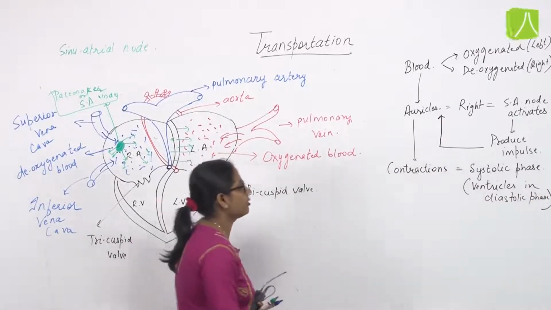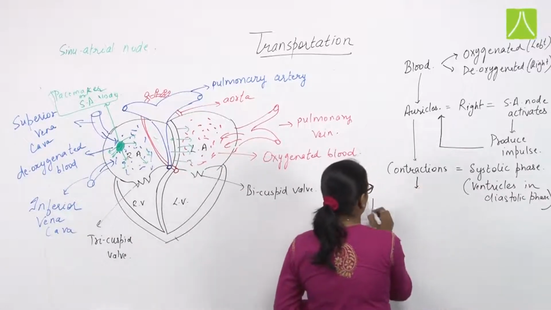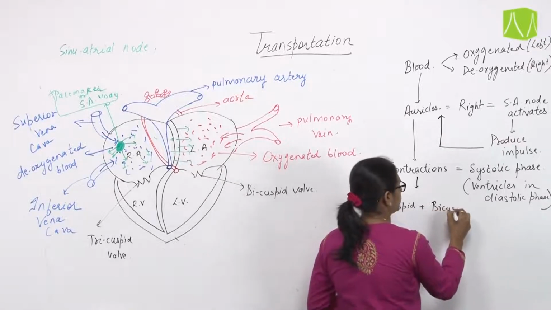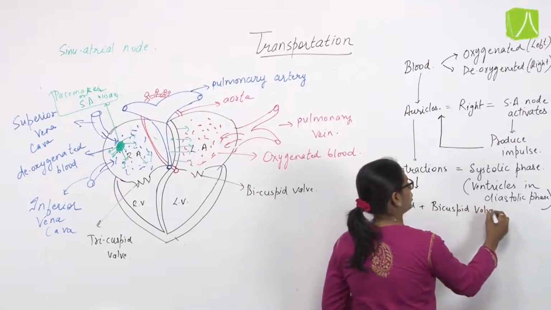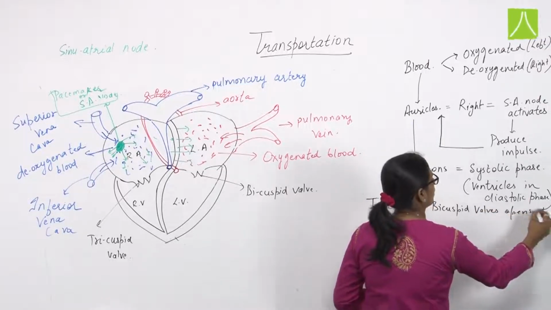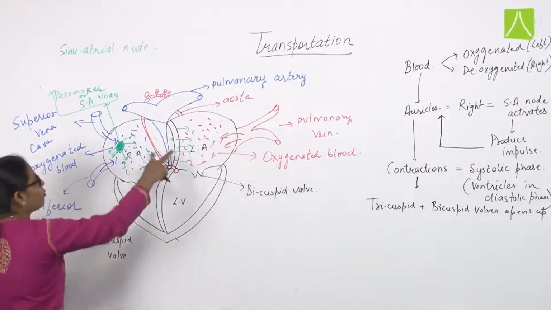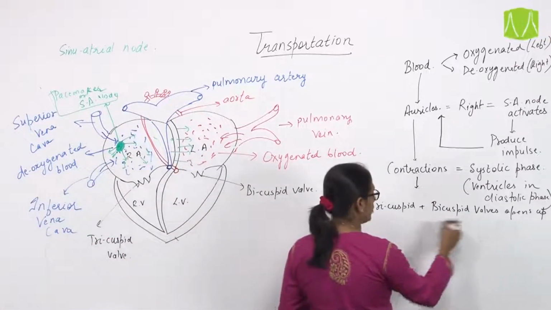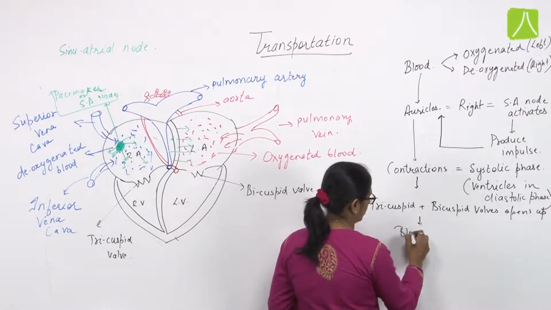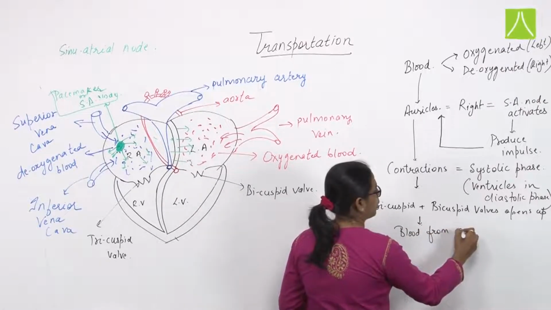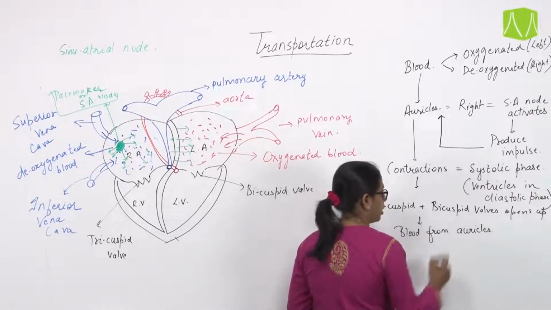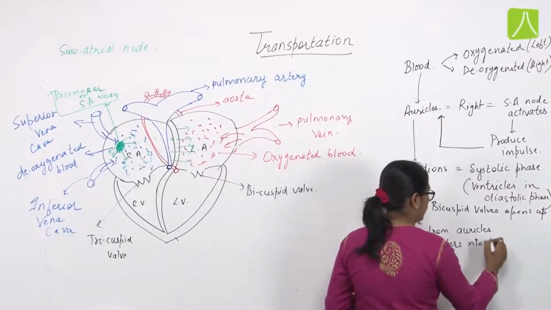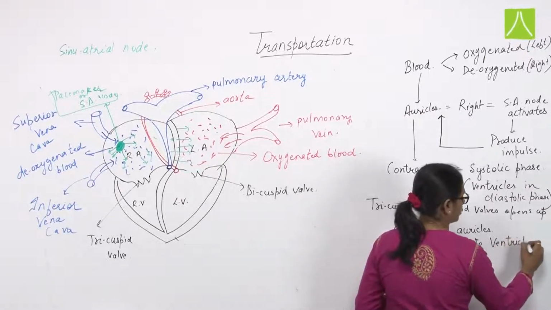Now when the auricles contract, what happens? The tricuspid and bicuspid valves open up. Now when they open, the blood from the auricles thrusts into the ventricles. So when they open up, the blood from the auricles now enters into the ventricles. Fine.